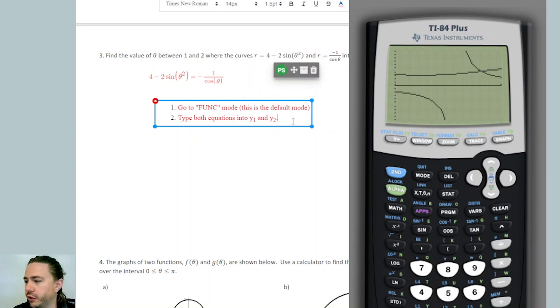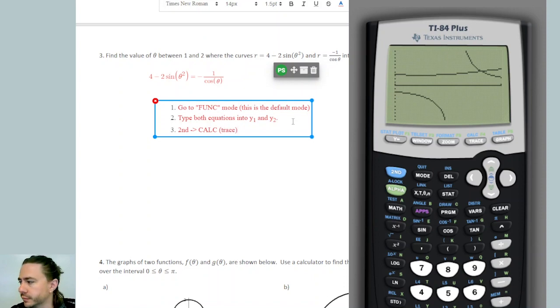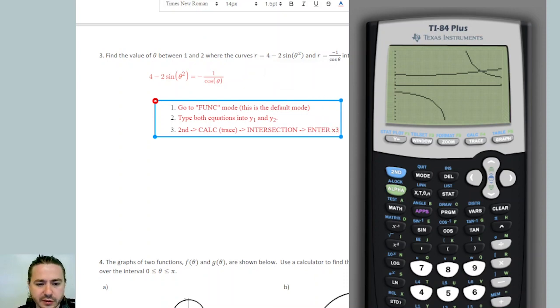So to find that point of intersection, you're going to hit second, calc, and to get calc, you hit the trace button. Intersection, and then you just hit enter 3 times. Okay, so let's do those series of button presses.